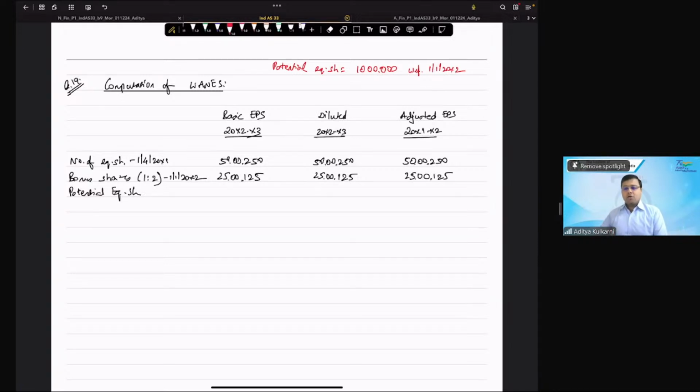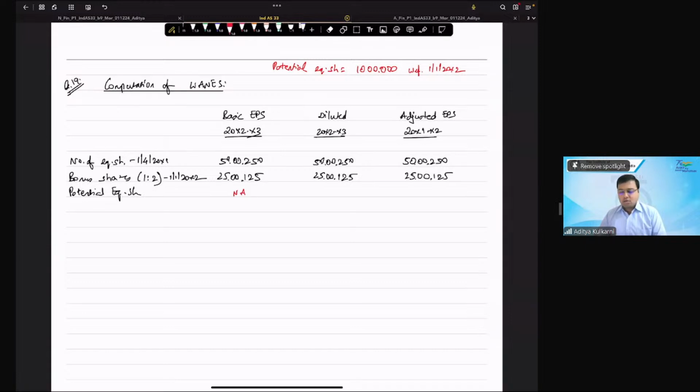So now I hope it's clear. All right. So now coming to the next one, potential equity shares. Acha, basic EPS, will I have potential equity shares as a working for basic EPS? No. So not applicable. Acha, when has this come into issuance? Sir, this has come into issuance from 1st January 20x2.